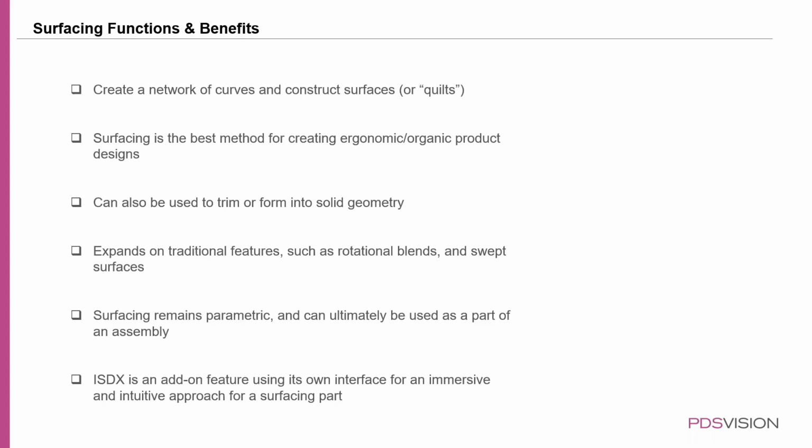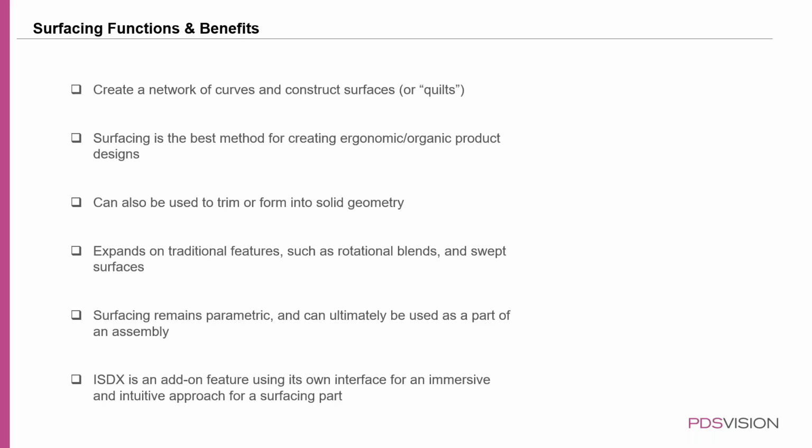The last thing I want to mention here is that there is an add-on tool called ISDX, which stands for Interactive Surface Design Extension. This does not come with the base package of Creo, so it is a purchased add-on, but I will be covering some of that today to show you how that operates a little bit as well.